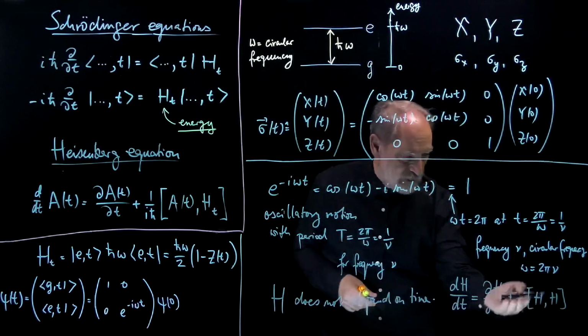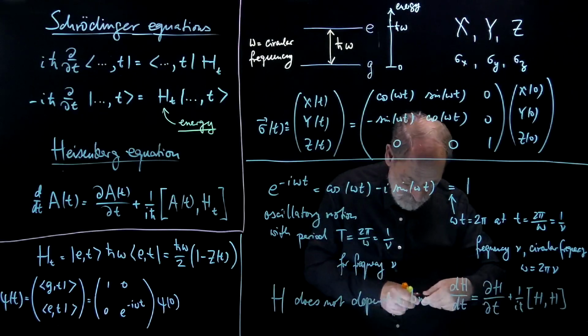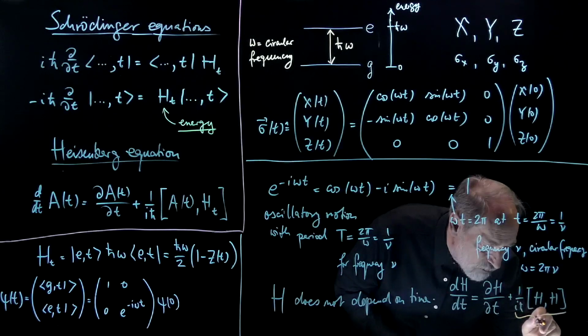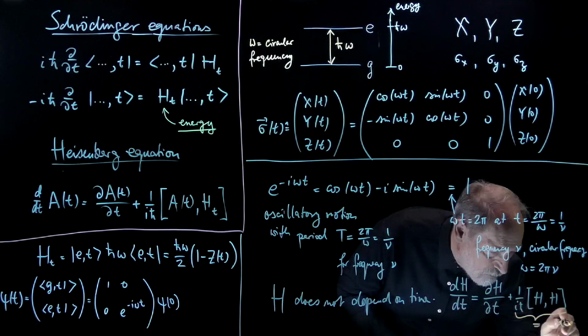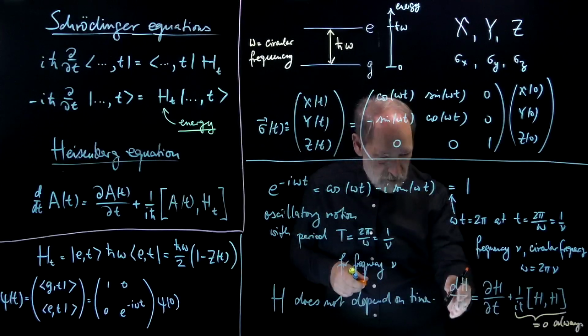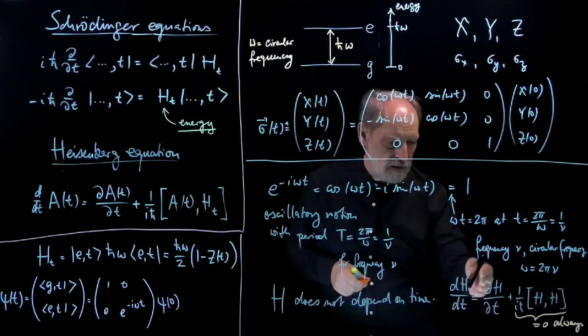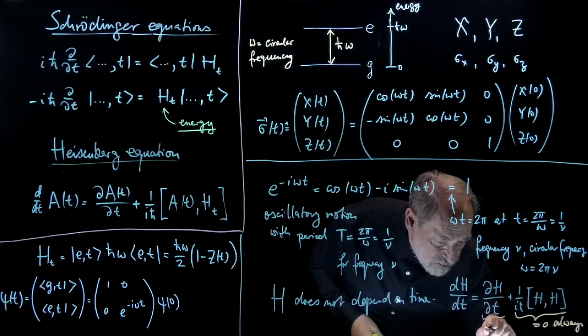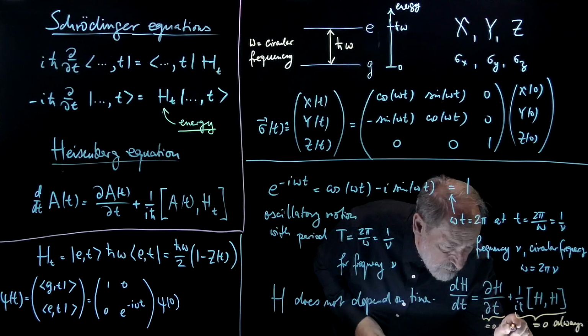Now the commutator of the Hamilton operator with itself, that is always 0. So it is always true that the total time derivative of the Hamilton operator is equal to the parametric time dependence.